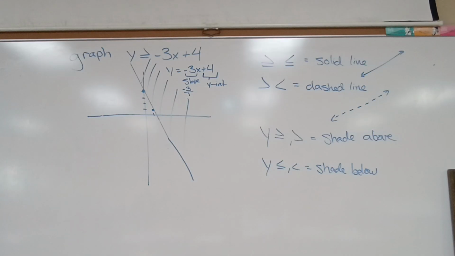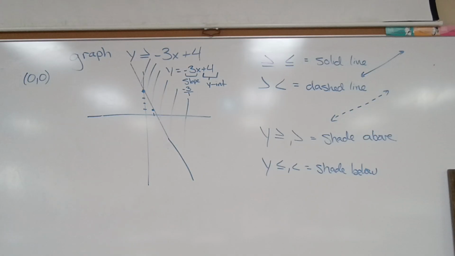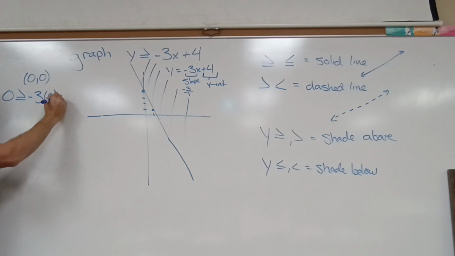Now, let's say I forget how to do that. You can do something called a test point. I take the point 0, 0, and I plug it into my equation and see if it's true or not. So I say, is 0 greater than or equal to negative 3 times 0 plus 4?